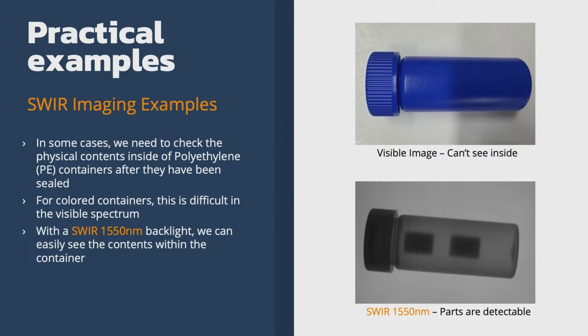Yet if we backlight it with a SWIR 1550 nanometer light, you can see through this container, even as thick as it is and as darkly tinted as it is with coloring, we can see easily through this container, and you can not only tell what parts are inside, but you can see that there are 2 of them.